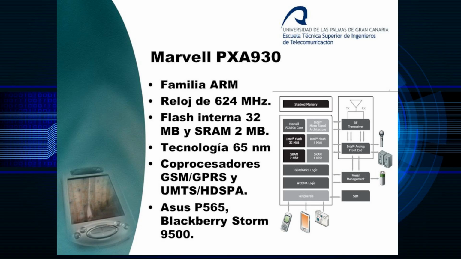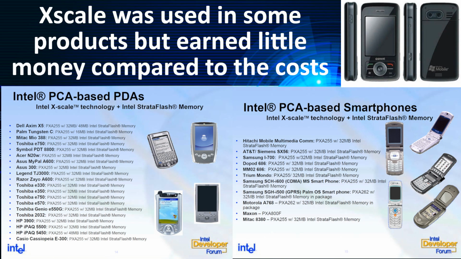However, after almost 10 years of investment in Xscale, Intel had seen a few hit products using the chips, like Palm Treos, Pocket PCs from Compaq, Dell and HP, and Creative Zen MP3 players.